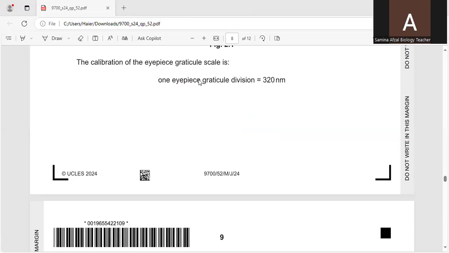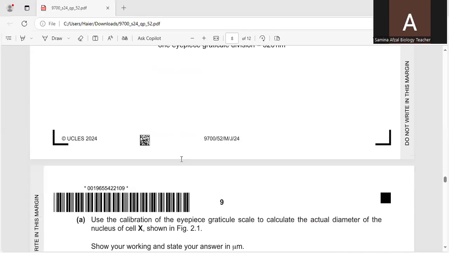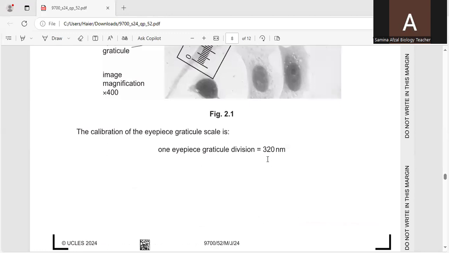One eyepiece reticule division is equal to 320 nanometers.